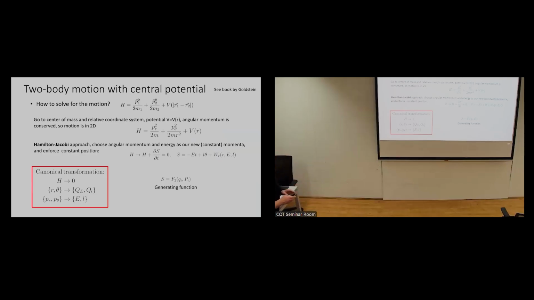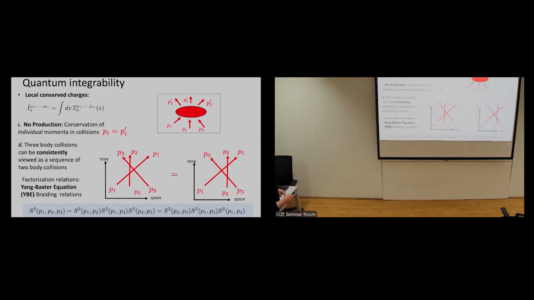If you have not seen that, don't worry. I'm not going to use that. I want now to go to the main subject that I'm interested in, which is quantum integrability.